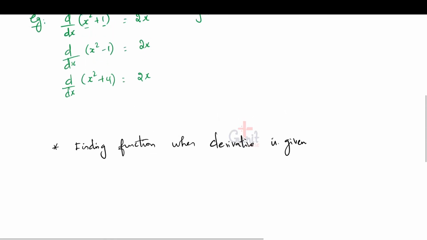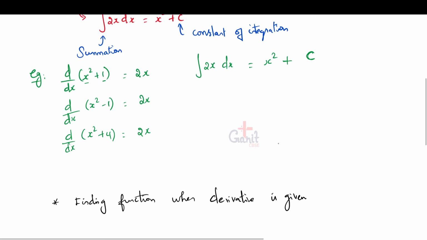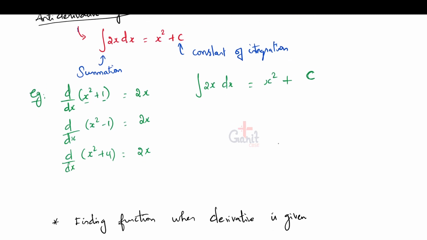There are two types of problems in integral calculus. One is finding the function when the derivative is given. That's what we have seen before. 2x is the derivative, and we got x square plus 1.